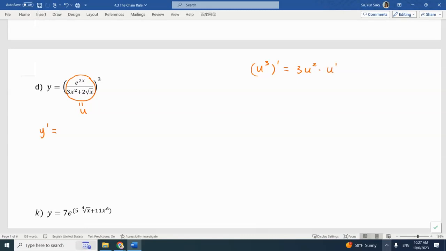Yes. If you get confused by this complicated thing, you can write this down on your side notes. Okay? So now let's write it down.